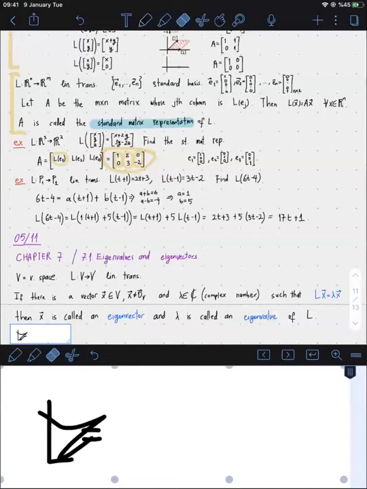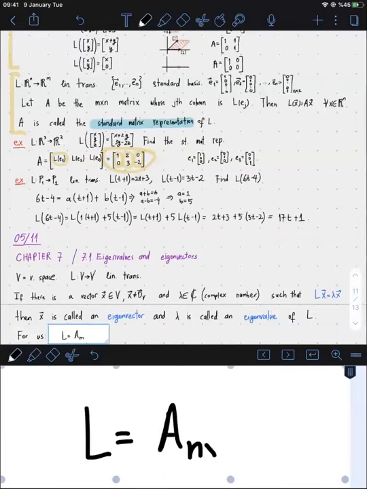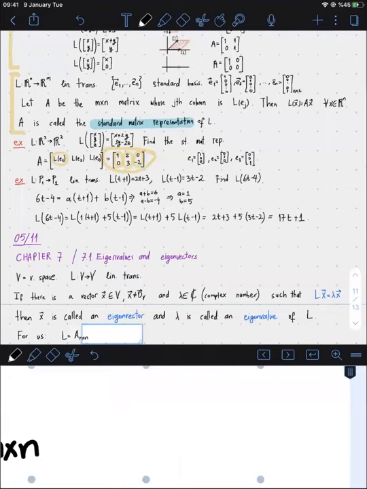For us, L will usually be an n by n matrix, and the vector space V is basically Rn.